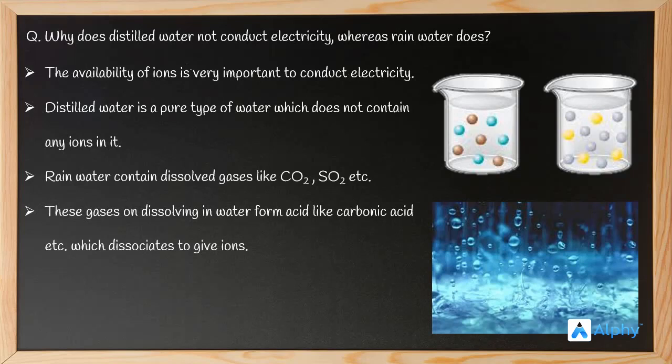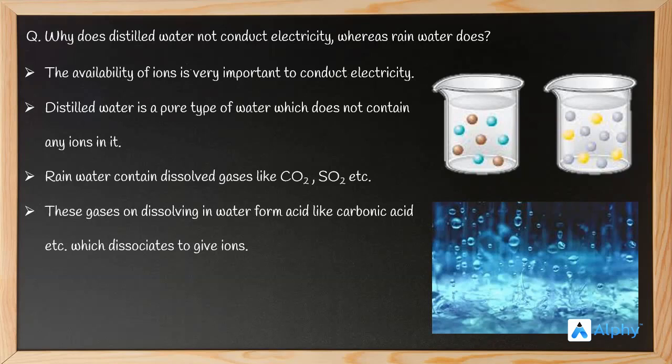Because they are acids, we know any acid dissociates to give H plus ions. So carbonic acid and other acids formed dissociate to give the H plus ions, and because they give these ions, it is able to conduct electricity.